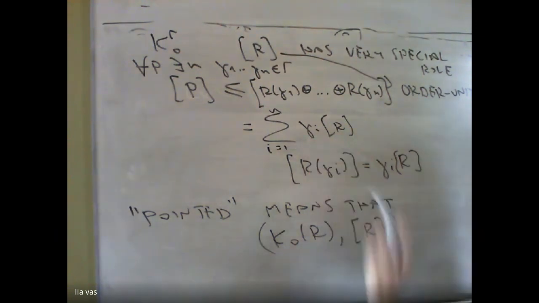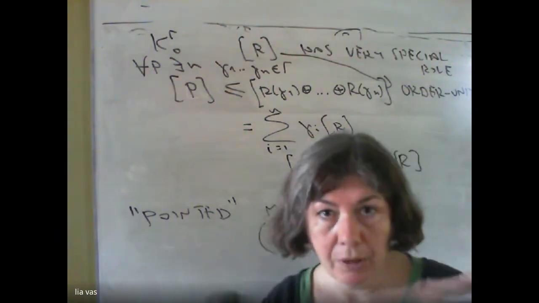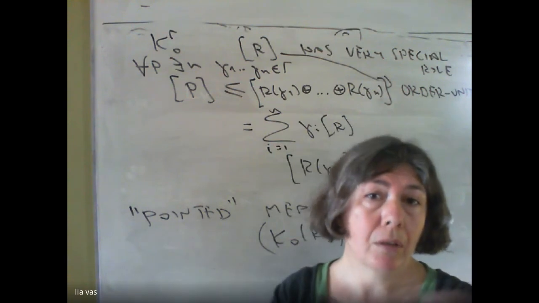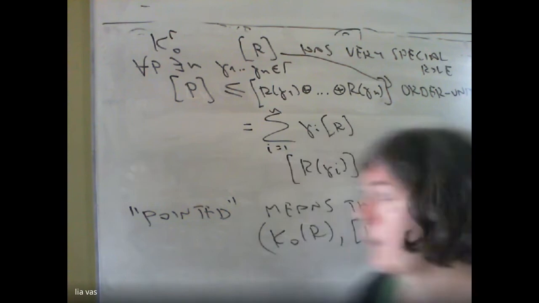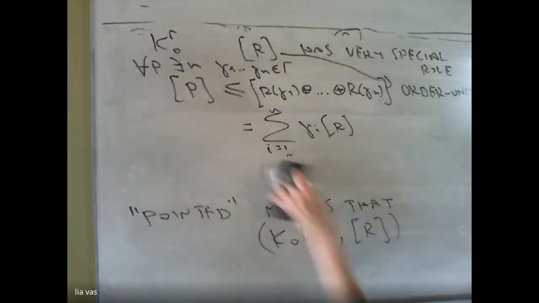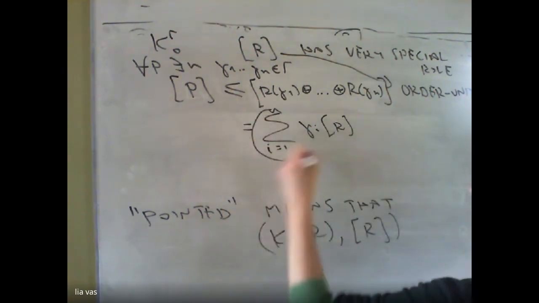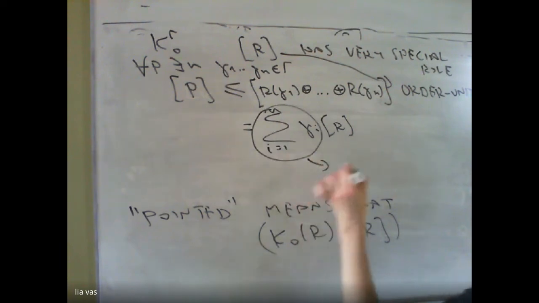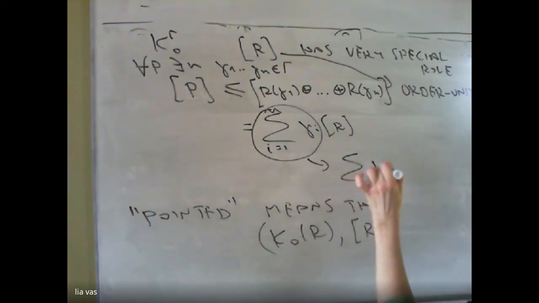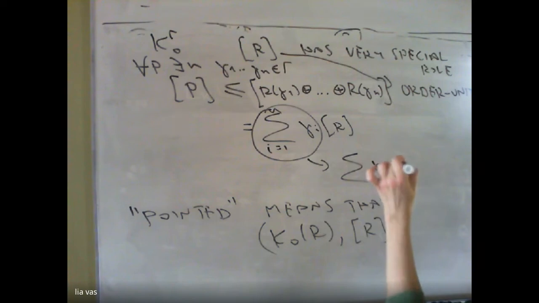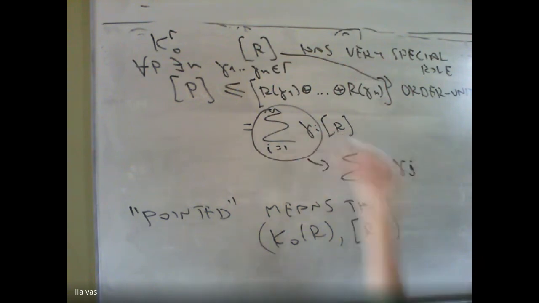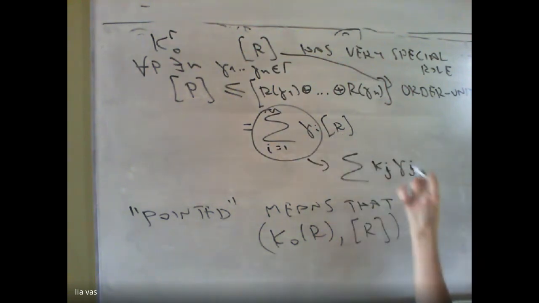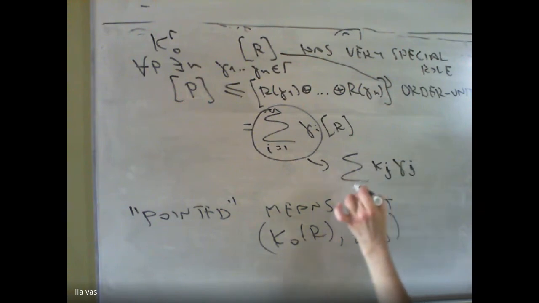And since some of these gamma i's can be equal to each other, if I want to bundle them together and consider them as one term, that's fine. So if I'm thinking of how this looks, a positive integer times some elements of the group, let me call them j, just so that we don't think that that's the same i. Times elements from the group, right?